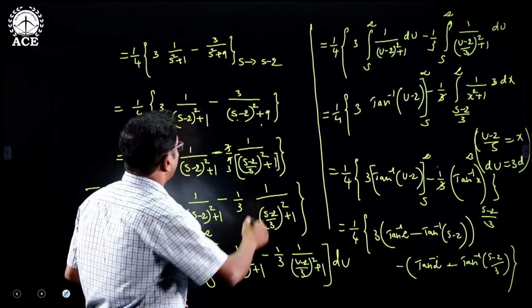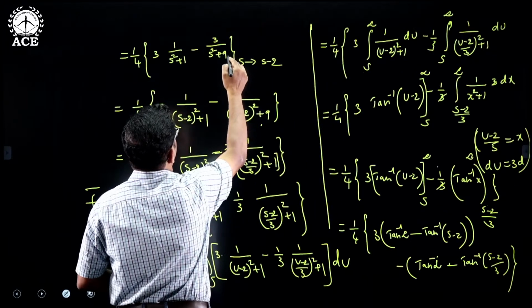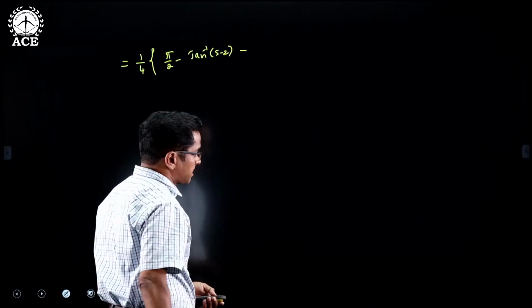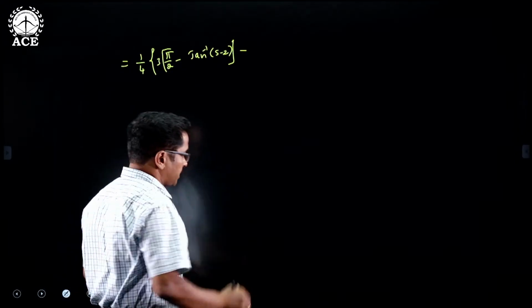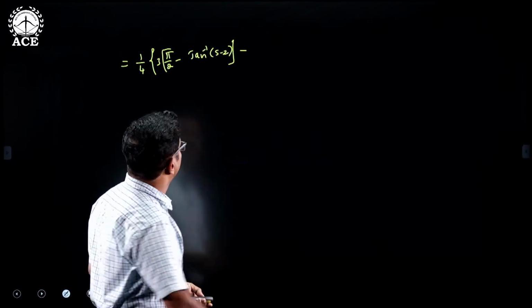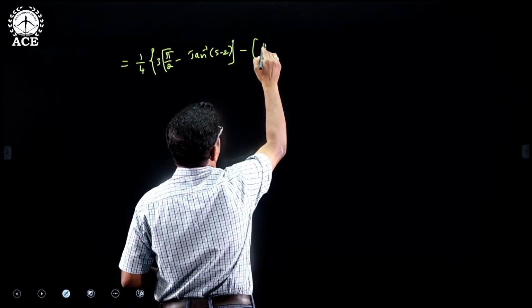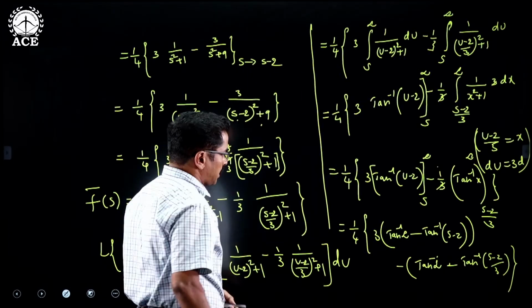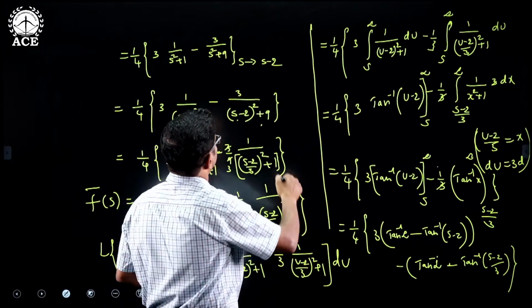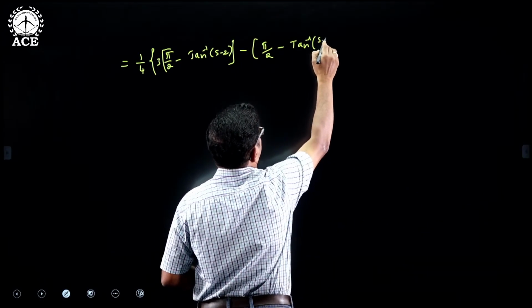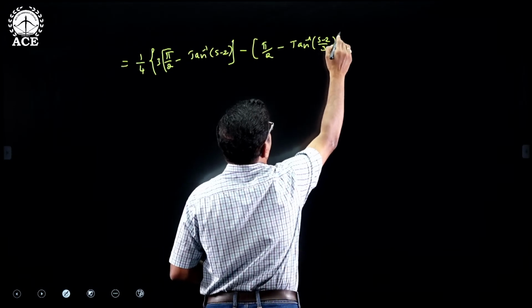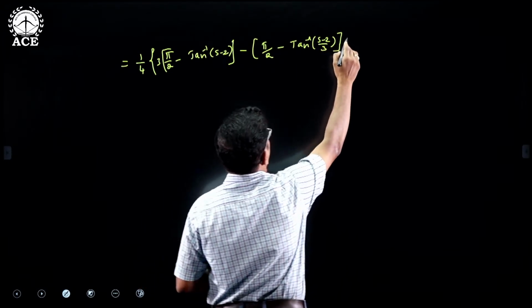Minus, into 3 is there, tan inverse infinite is pi by 2 minus tan inverse of s minus 2 by 3.